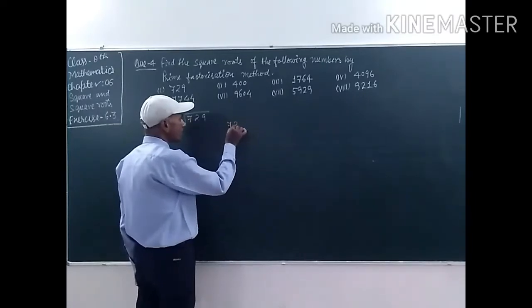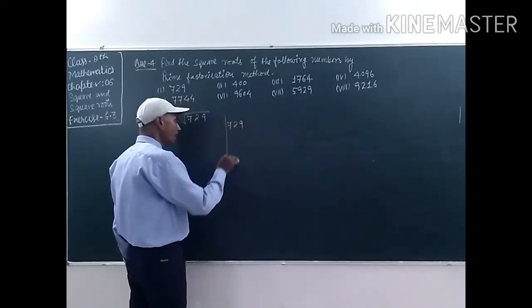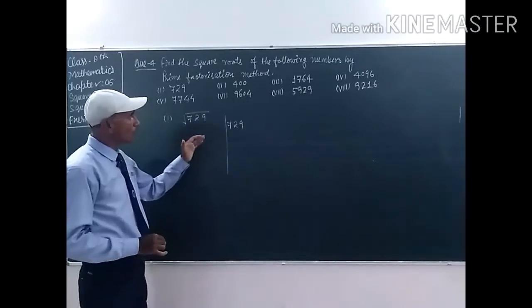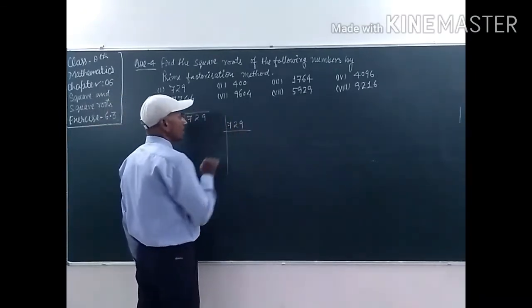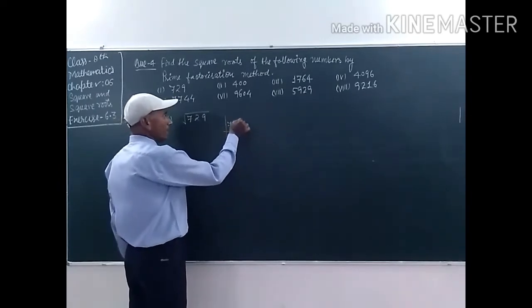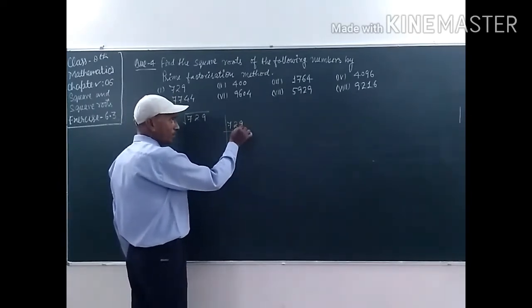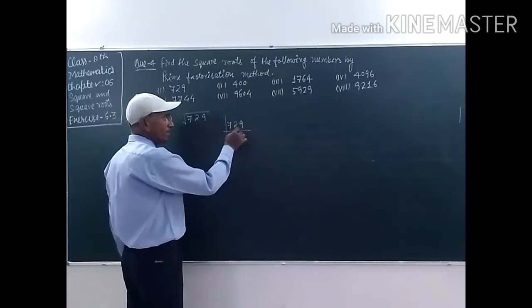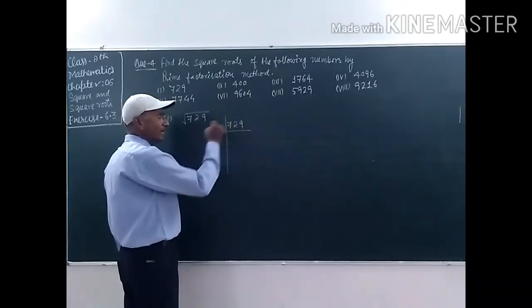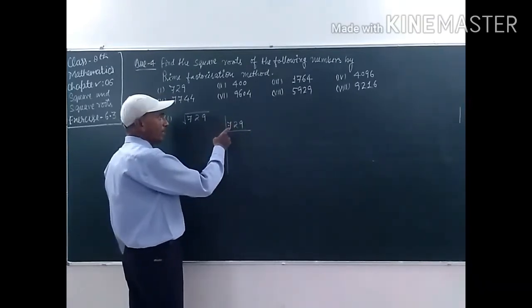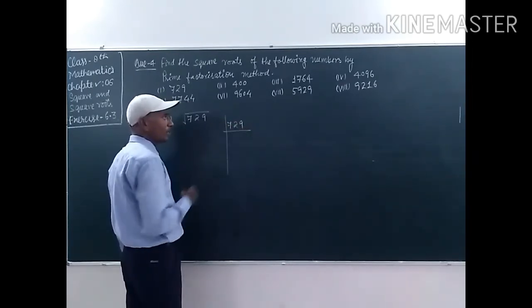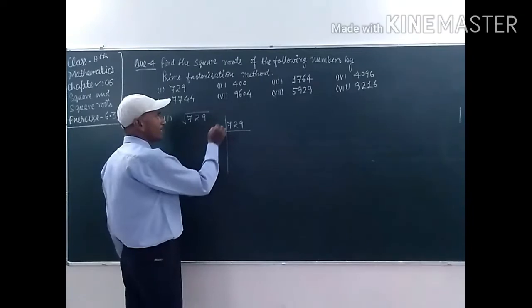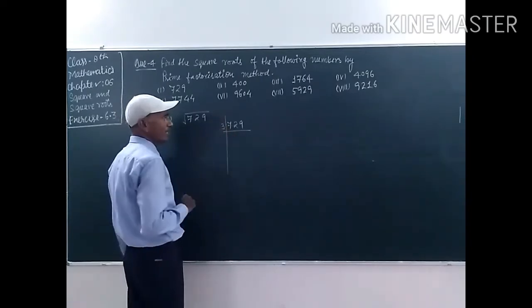The last digit, or unit digit, of this number is 9, so it is not divisible by 2. The sum of the digits is 7 plus 2 plus 9, which is 18. It is a multiple of 3, so it is divisible by 3. So we have to divide it by 3.